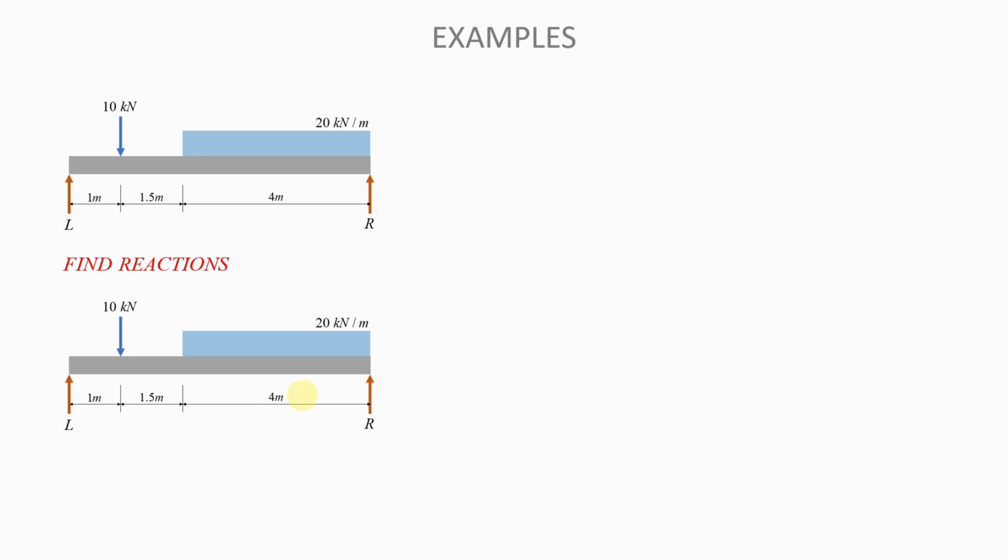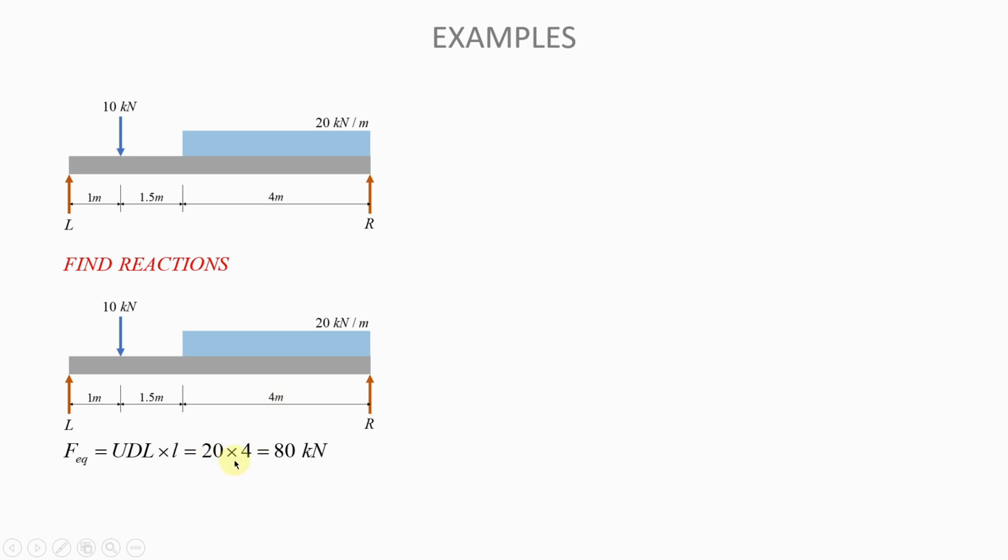So the UDL that we have is 20 kilonewtons per meter, and this UDL is acting over a length of 4 meters. To find the force that is equivalent to the UDL, we need to multiply the UDL by the length over which it is acting. So in this case, 20 kilonewtons per meter multiplied by 4 meters.